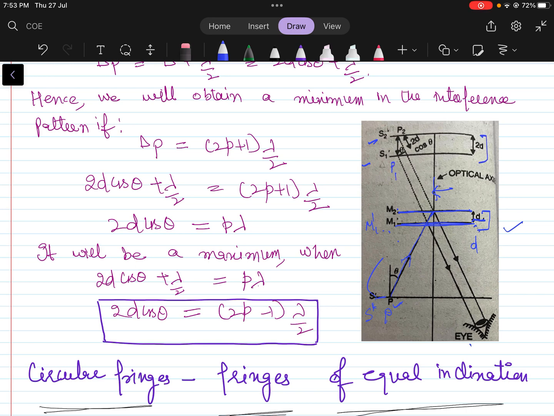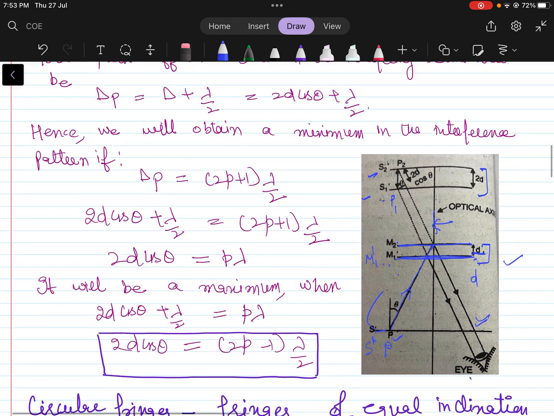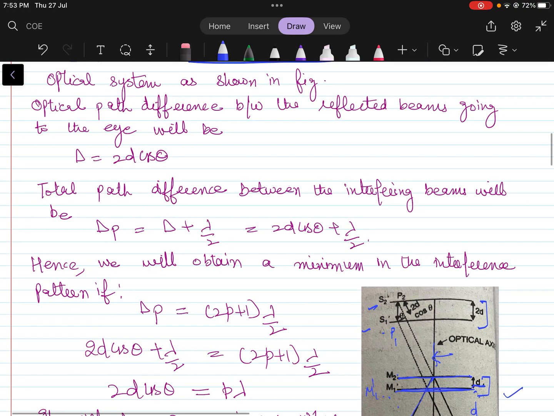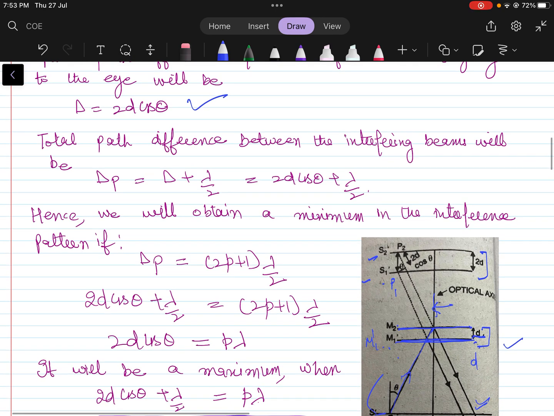So 2d is the separation between S1 dash and S2 dash. Hence the optical path difference between the reflected beams going to the eye will be delta equal to 2d cos theta. This is the explanation of this diagram.